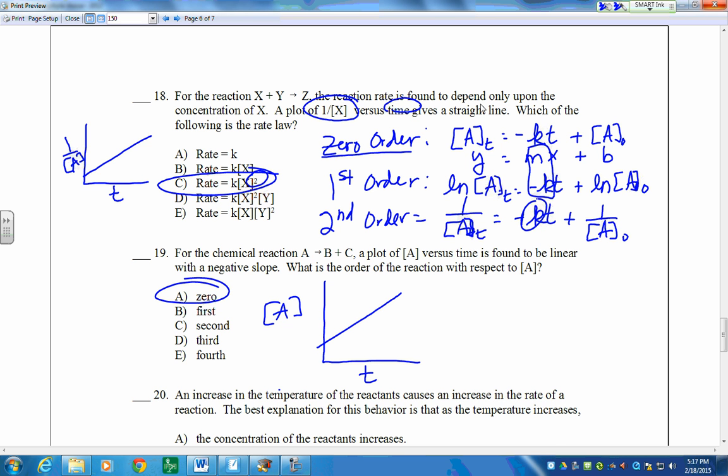I think what they're saying is if you are just using A's and T's alone and there's no function, no natural log, no reciprocal function, then that's a sign that it's zero order, because nothing's going on there. Zero order.